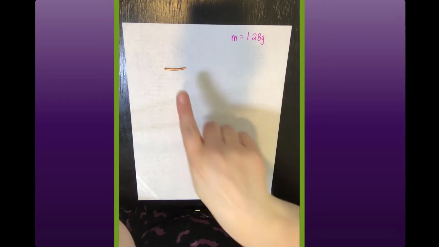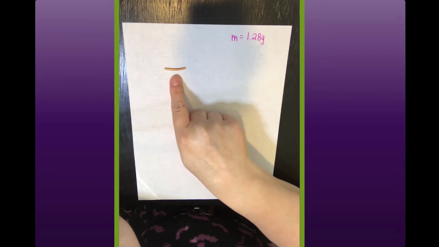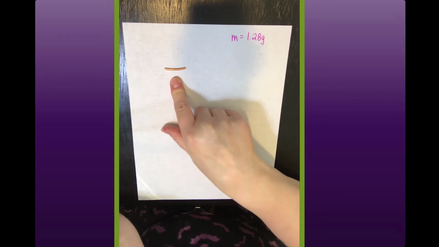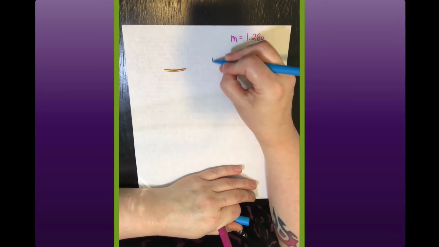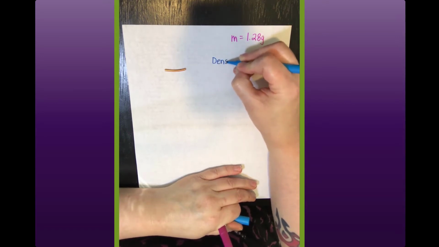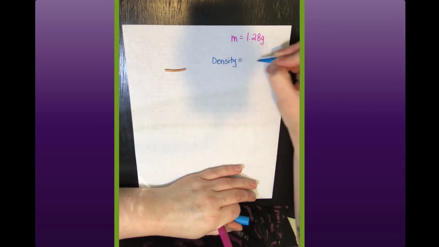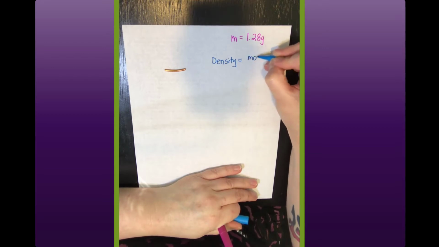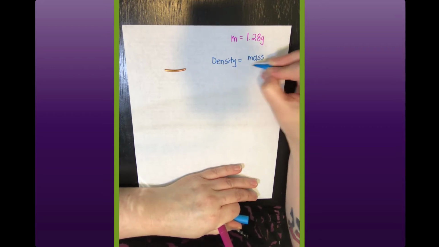If you look at question 21, it tells you that we can determine the volume of this piece of copper because we know what the density of copper is, and we know the mass of this particular piece of copper. So density is equal to mass divided by volume.